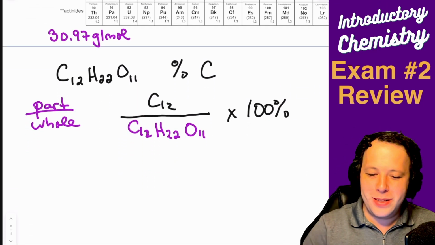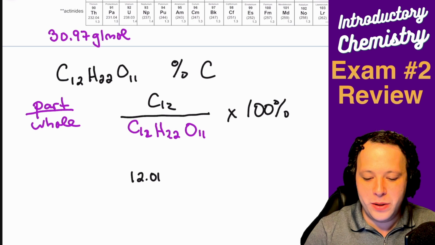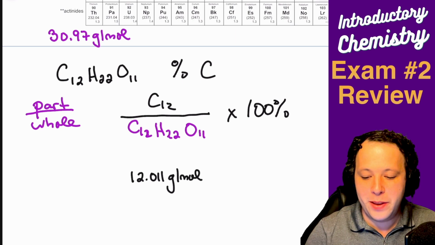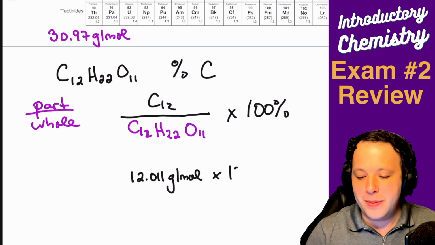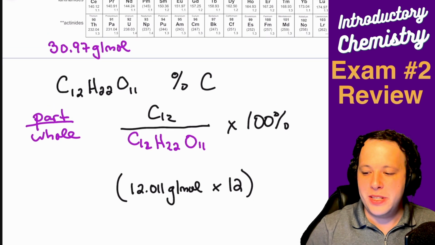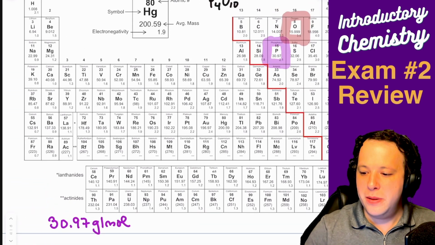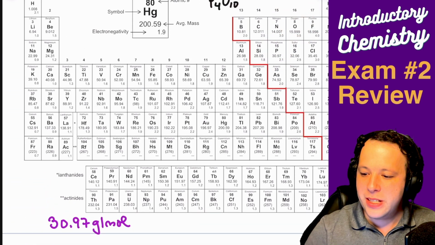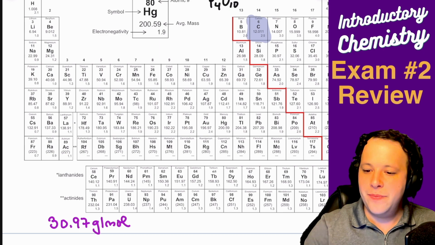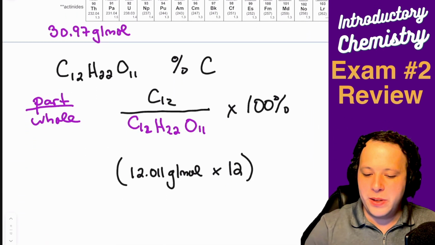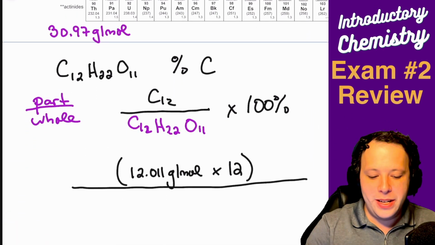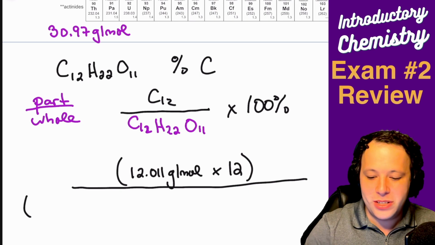All we're going to do is take 12.011 grams per mole, which is coming from the periodic table, and multiply that by 12. Where's carbon? Up in number 6. I'm taking it from right here. And we're going to divide that all by the molar mass of sucrose.